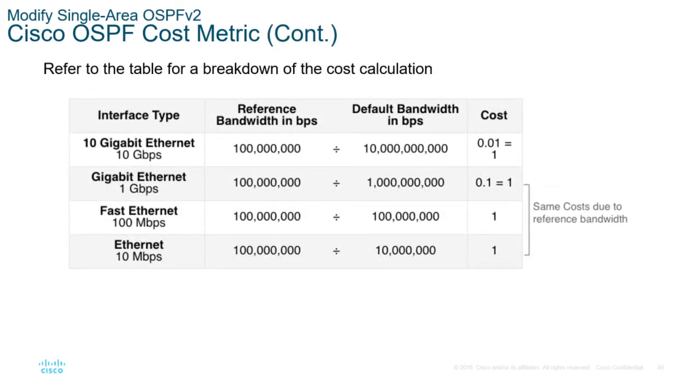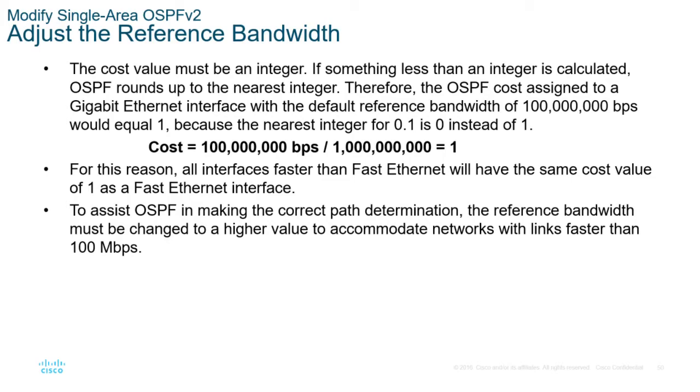So again, based off of that calculation, based off the default calculation of the reference bandwidth, it doesn't know how to differentiate. And so the numbers of what it calculates out all equate to 1. So it doesn't know how to differentiate between a 100 meg, 1 gig, or a 10 gig line. So how do we change this?